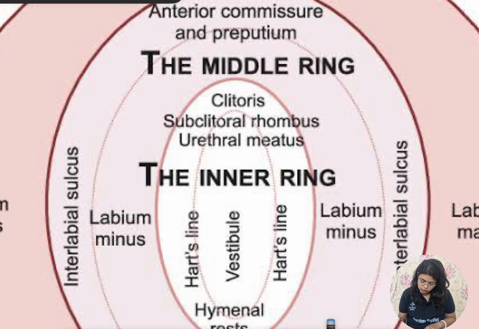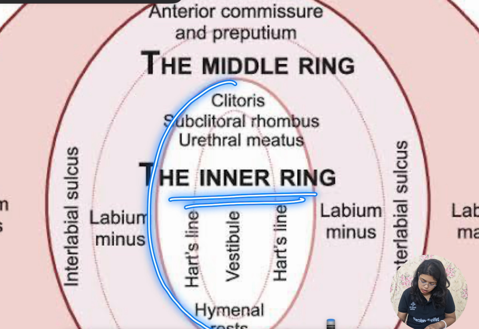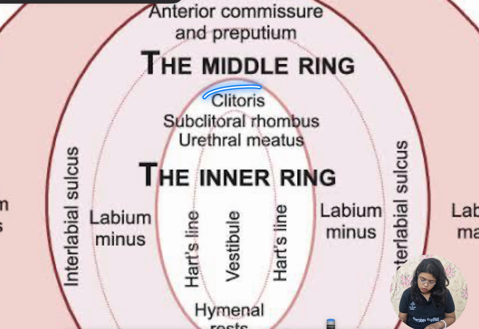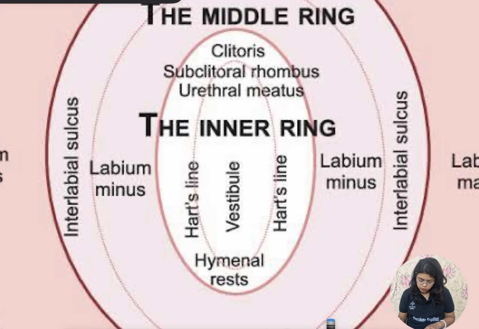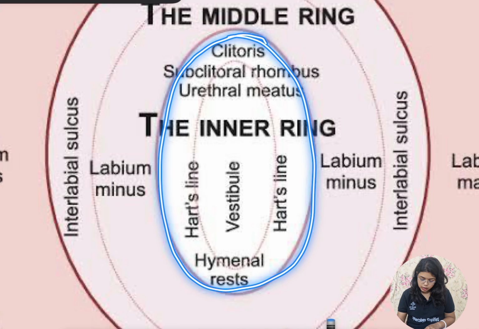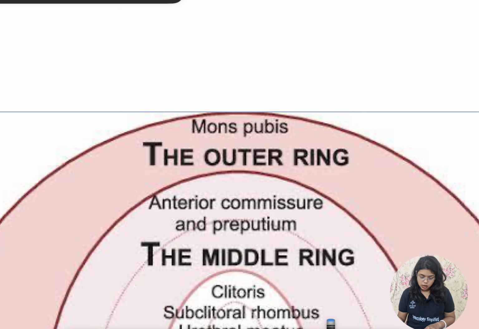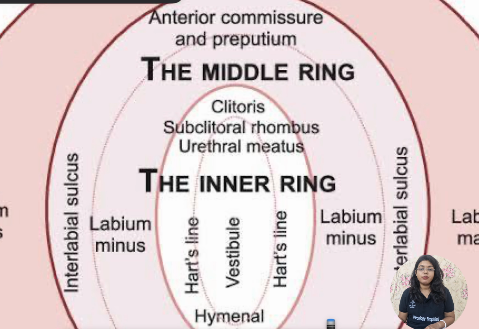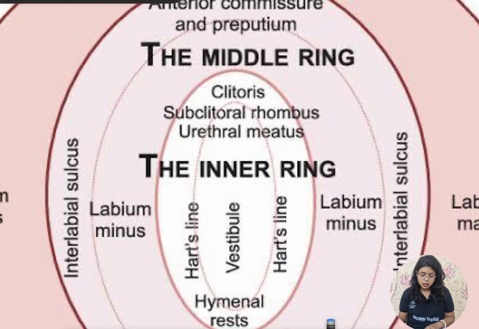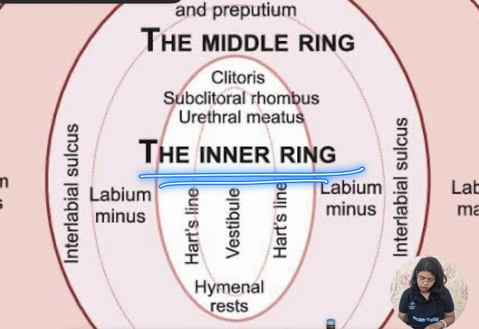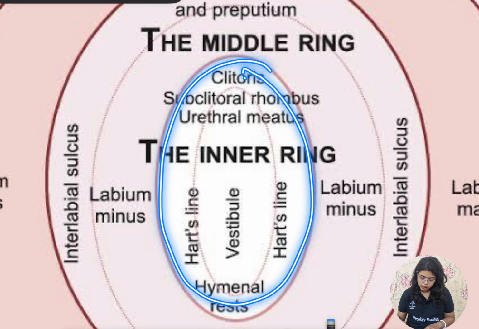The inner ring consists of the clitoris, subclitoral rhombus, urethral meatus, and the vestibule, that is the pinkish area that we observe, and this is the Hart's line, and this is the hymenal ring. Why do we do the 3-ring vulvoscopy? So that we do not miss any area during the vulvoscopy examination.